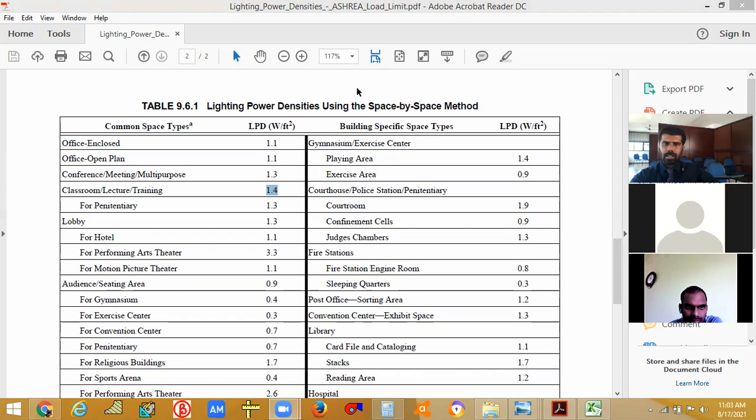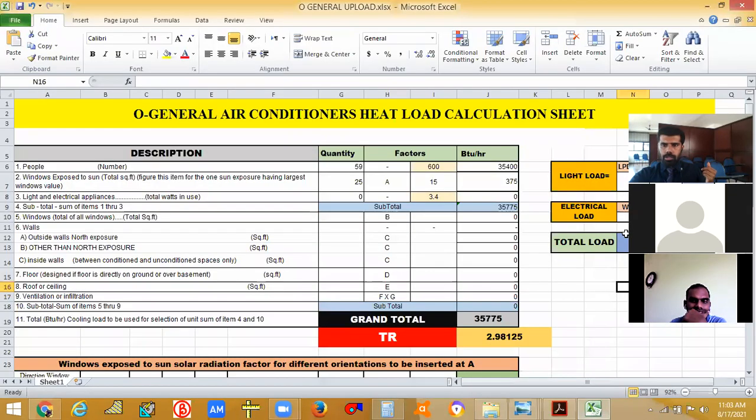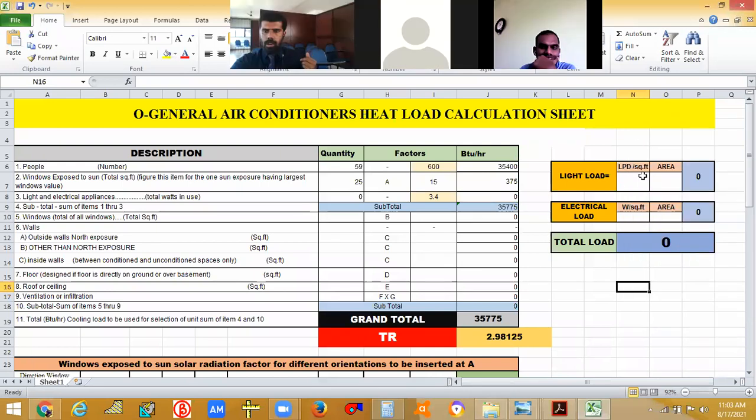So what do you have to give? Just give 1.4 here. And what is our area?